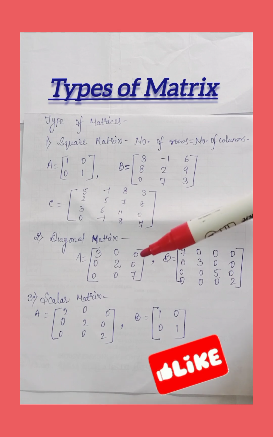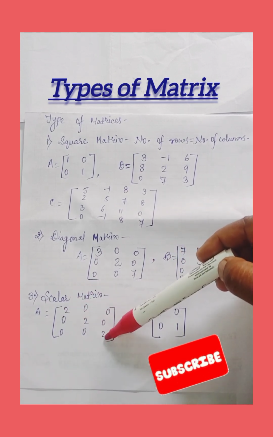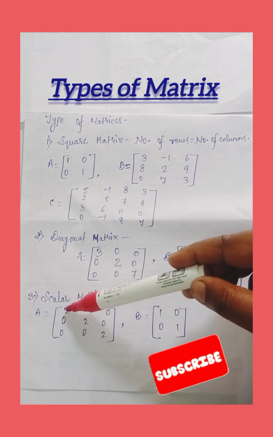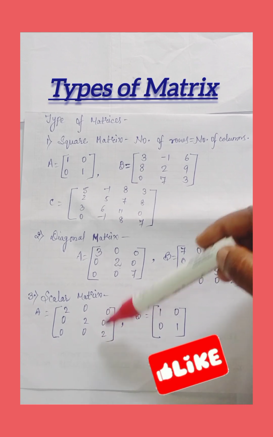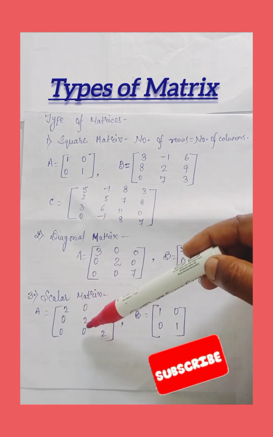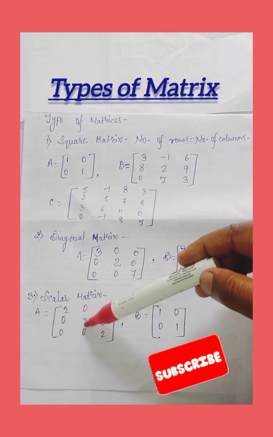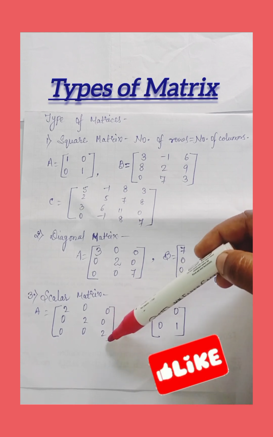But what happens in a scalar matrix? In a scalar matrix the diagonal elements will always be the same. Like if 2 is written here, then the diagonal elements will be 2, 2, 2. We cannot change the diagonal elements. So if this kind of matrix exists, then this is an example of a scalar matrix.